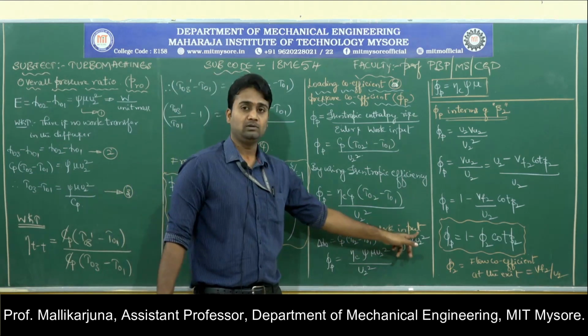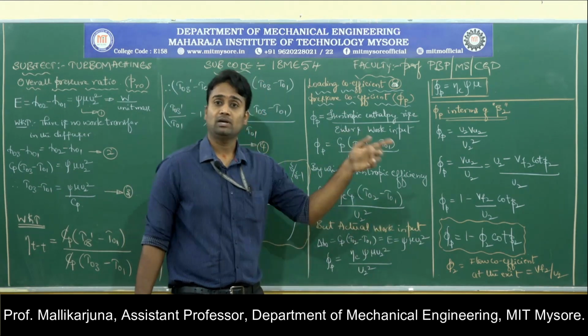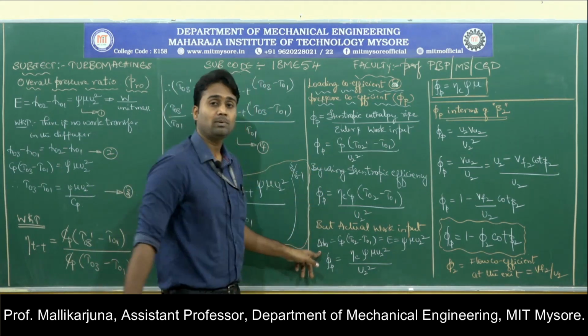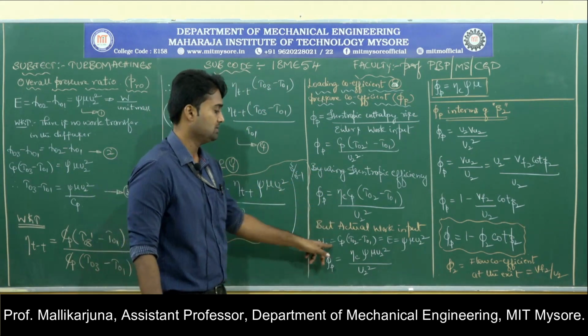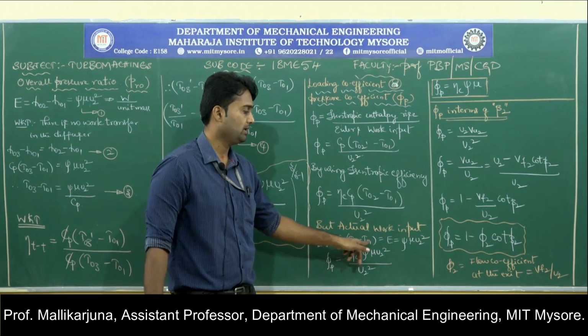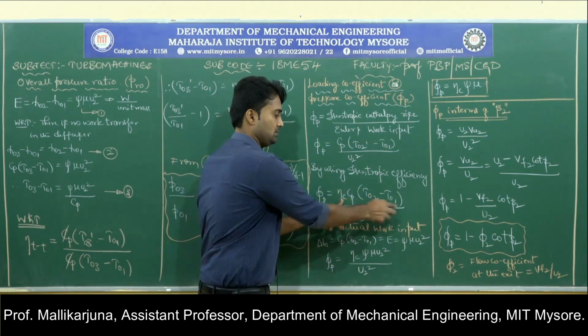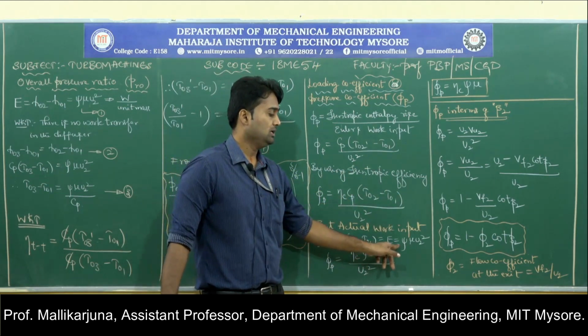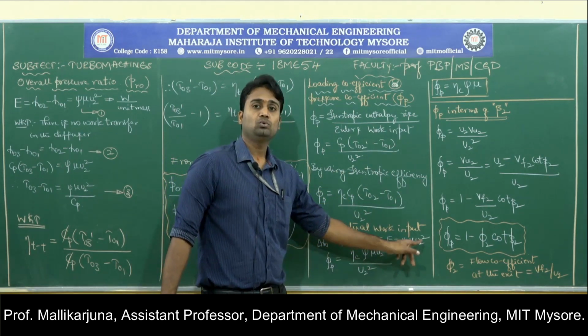But the actual work input from the previous equation, delta H naught, the overall difference in enthalpy, Cp times T02 minus T01, is equal to E, which is equal to xi mu U2 square.